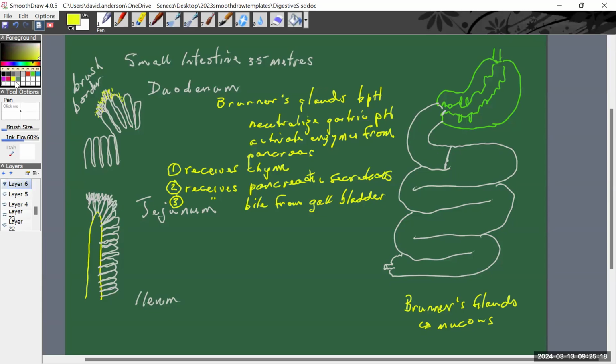And inside this villus, we're going to have a capillary that delivers oxygen and nutrients to the cells, and a vein that's going to take waste away. So these vessels are going to be down here in the submucosal areas of the wall of the intestine.